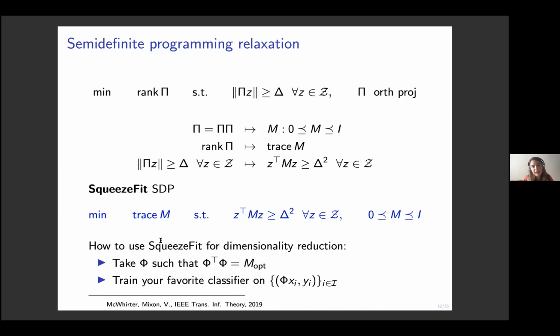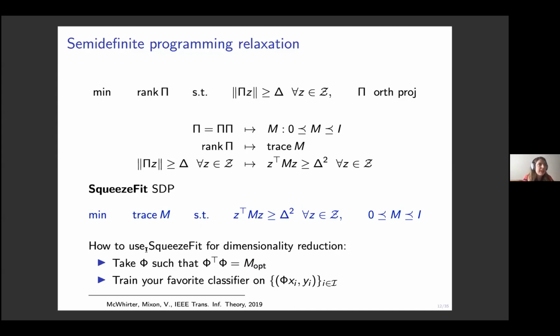In order to use SqueezeFit for dimensionality reduction, what we do is we solve the semi-definite program, and then we take the square root of the optimal M, and that's going to be a proxy for our projection. The trace of M is like the L1 norm of the singular values vector of M, and minimizing the L1 norm promotes sparsity.